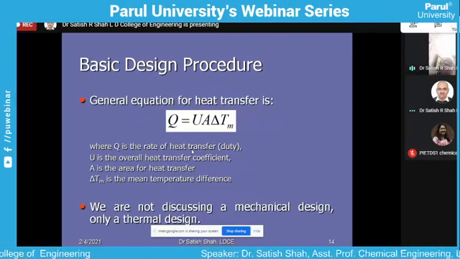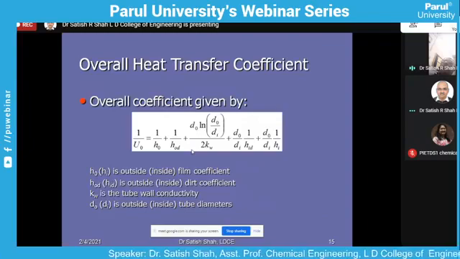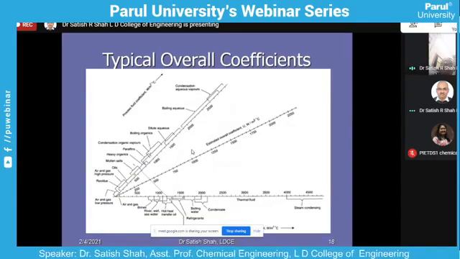This is the value of U you will assume. Q you will calculate, delta Tm you will calculate, and based on that you will calculate the area, which is known as the area provided. So this is the table for assumption of U value. You can use this table for the value of U.